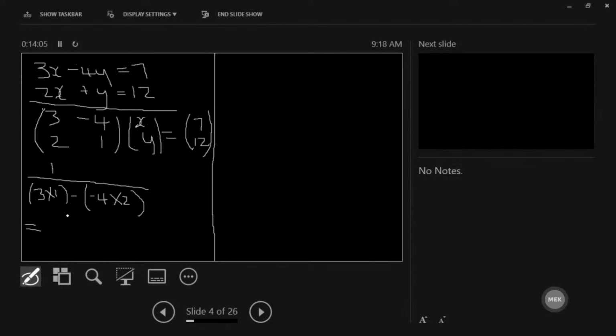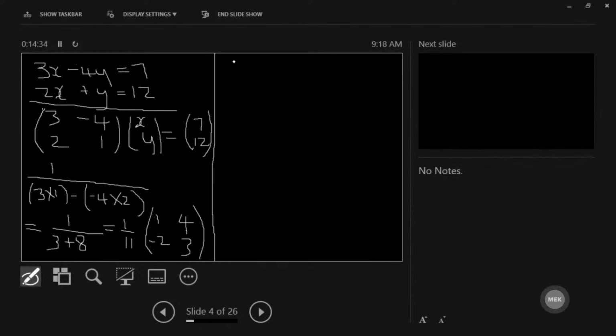And that gives 1 over 3 plus 8, because negative times negative is positive. So that gives 1 over 11. And we're going to multiply that by the adjoint, which is to switch places with the A and D, change the sign of the B and C.